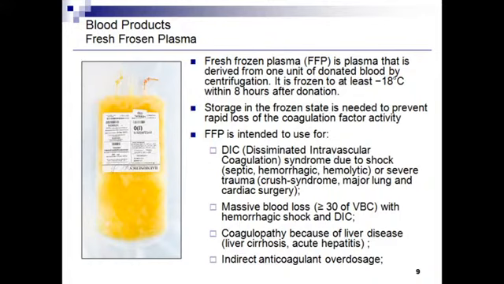We can use the plasma for treatment of hypocoagulative state and for treatment of bleeding. The first indication for FFP is DIC, Disseminated Intravascular Coagulation Syndrome.